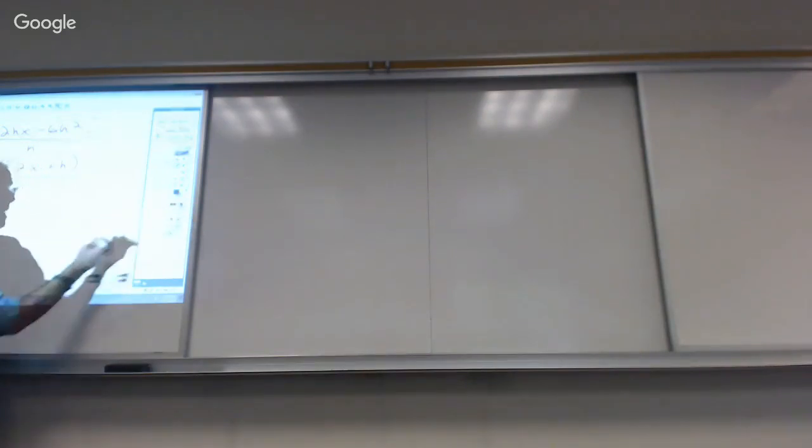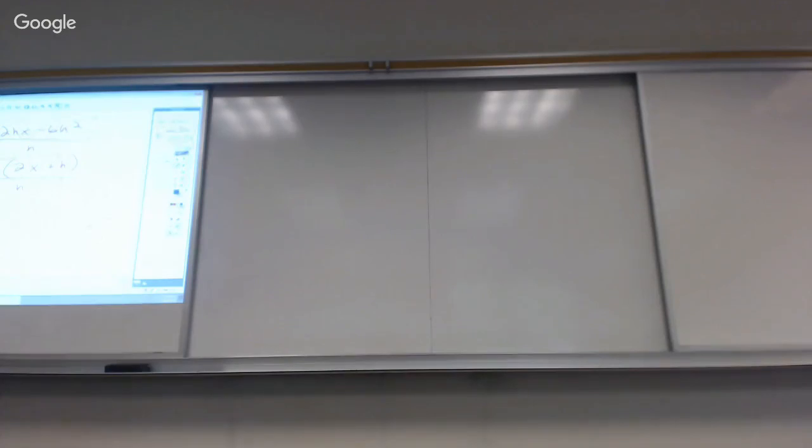Remember, you can only cancel stuff that's connected by multiplication. So this h right here can't touch that one. That violates the order of operations. But since this h is connected on both sides by multiplication, I do have a number divided by itself, and a number divided by itself is 1. That's why it cancels, because a number divided by itself is 1.